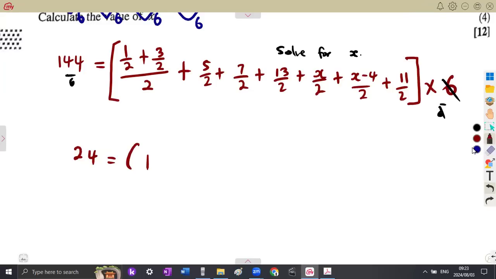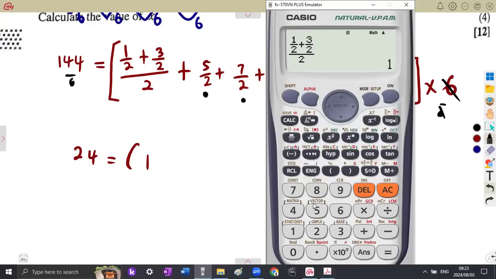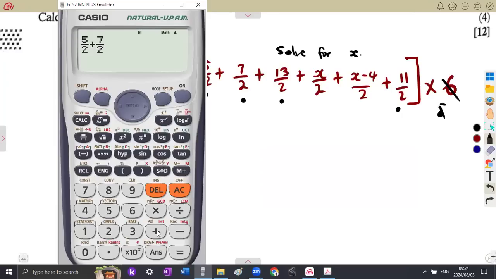So how are we going to simplify inside the bracket? Just add this part: 5 over 2, 7 over 2, 13 over 2, the 11 over 2. Add everything that we are seeing there. 5 over 2 plus 7 over 2, then 13 over 2, plus 11 over 2.